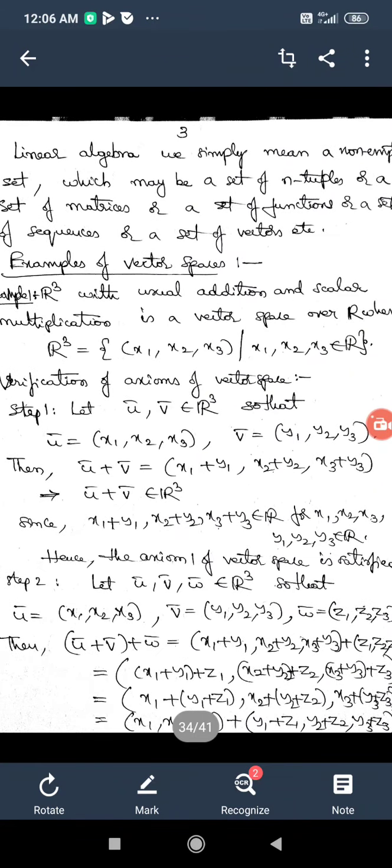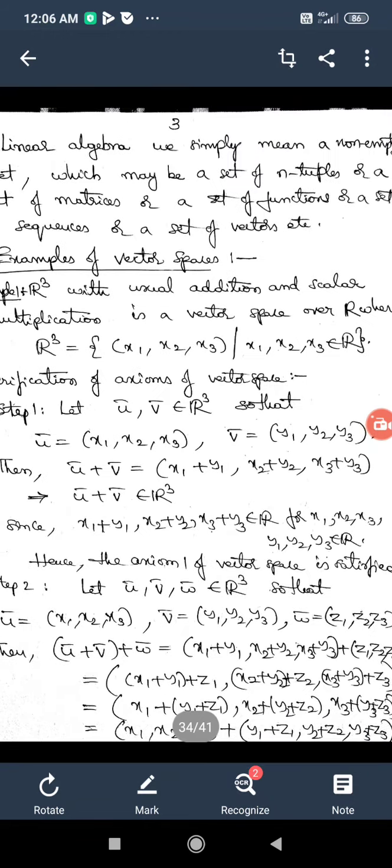I have taken it as R3. R3 is the three-dimensional vector space, the three-dimensional space of real numbers. And we have already come across the set R3 in prerequisites topic 1. So R3 is the set constituting the elements of the form of ordered triads, like x1 comma x2 comma x3, which is an ordered triad wherein each coordinate is taken from the set of real numbers.